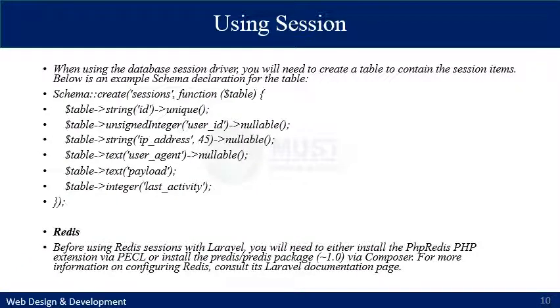So you can use sessions by specifying a session driver. When you use the database session driver, you need to create a table to contain the session items, and below is a schema declaration for the table. You can create a new migration to create the sessions table in your database, name the table sessions, and specify its fields.